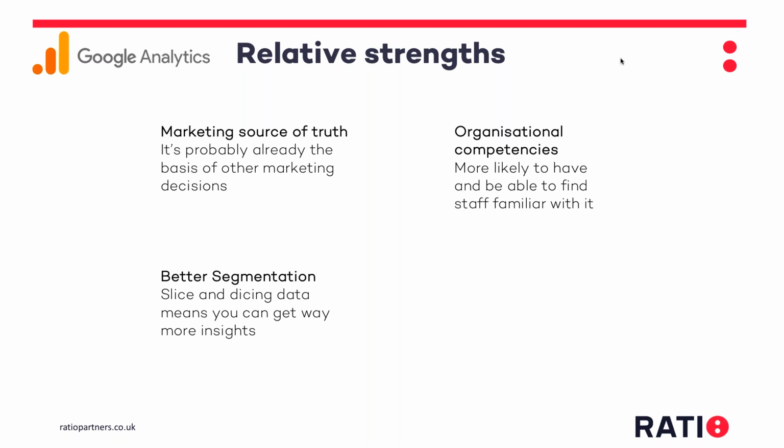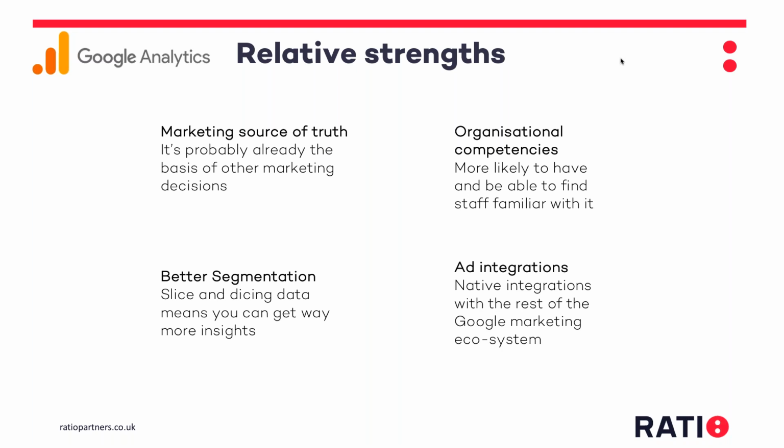You don't need any development or customization to add new segmentation or filter options to that report. When you're looking at a report in Google Analytics, you can pretty well slice and dice it by any other bit of information that you have. And we'll go into some of the ways to do that soon.